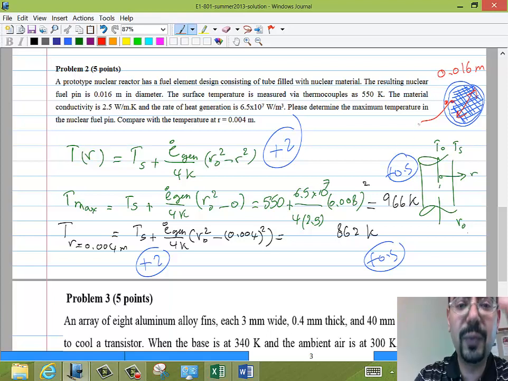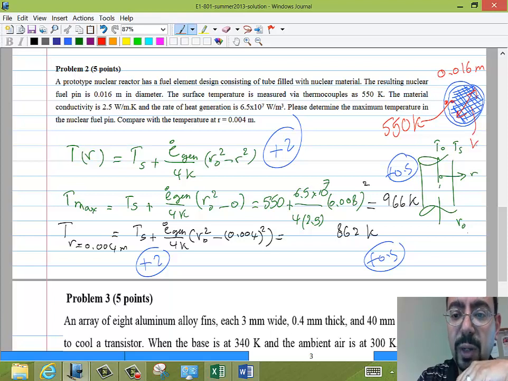But he said that the surface temperature is 550. The material conductivity is 2.5, so he gave you K over here. And the rate of heat generation, so that's E dot generation, in watt per meter cube. Determine the maximum temperature in the nuclear fuel pin.